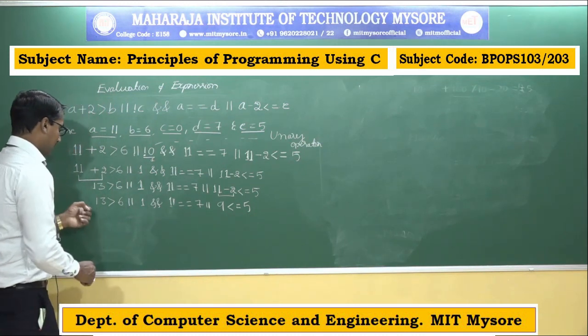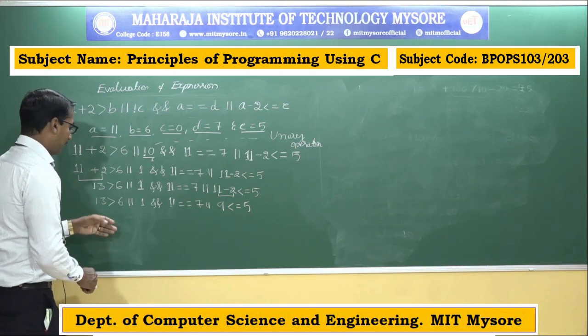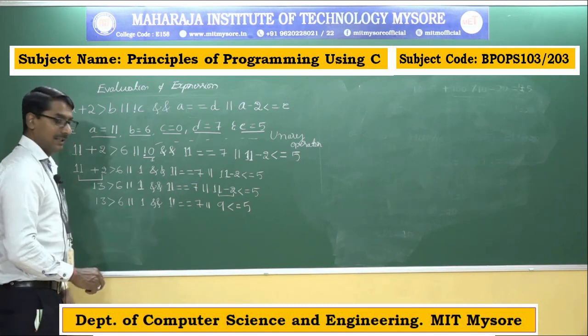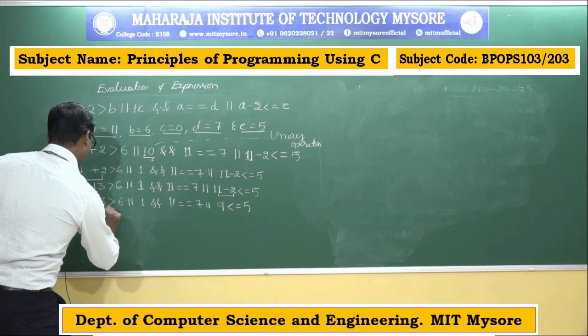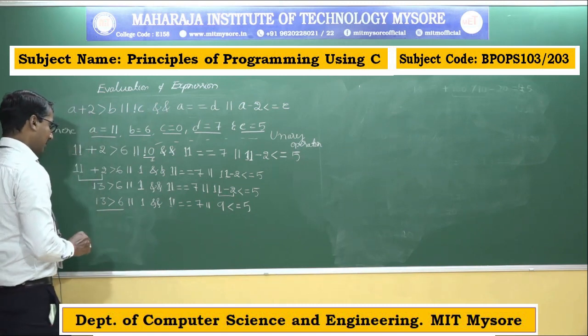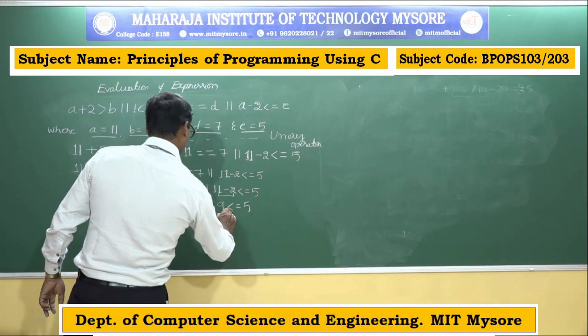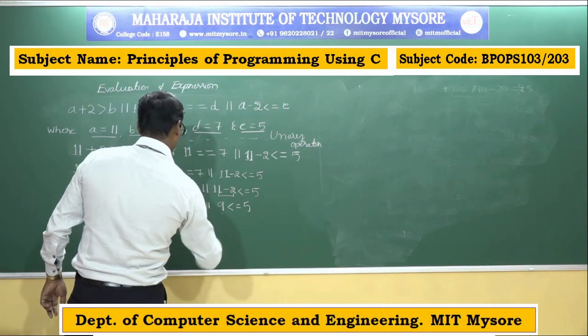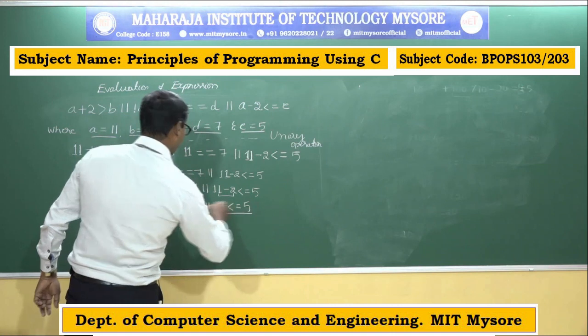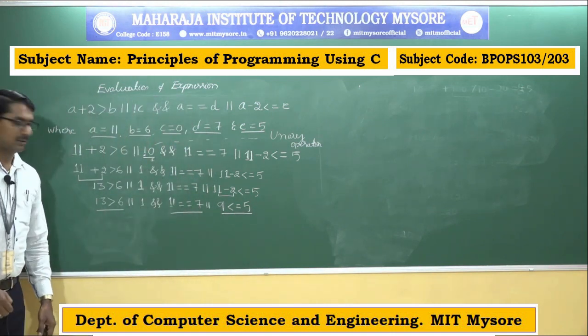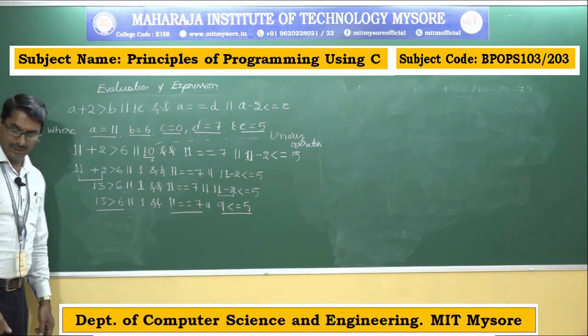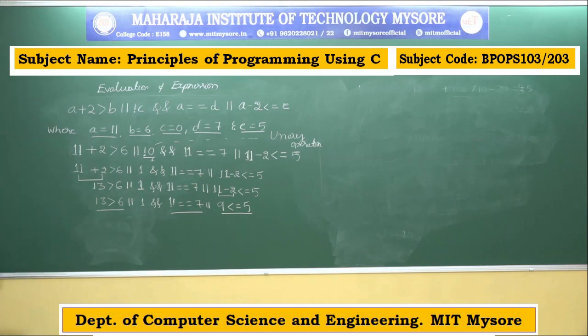Next, in this expression we are left with relation expressions and logical expressions. One relation expression is 13 greater than 6, 11 equal 7, then 9 less than or equal 5.